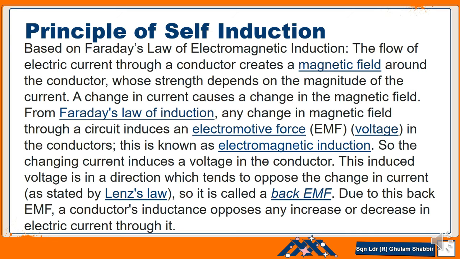So if the current is changing, the magnetic field is changing, the magnetic flux is changing, so an opposite force is created in it in the form of induced EMF, induced current, which produces an opposite magnetic field which tries to stop the changing magnetic flux. So in other words, we can say it's a kind of resistance of the inductance.